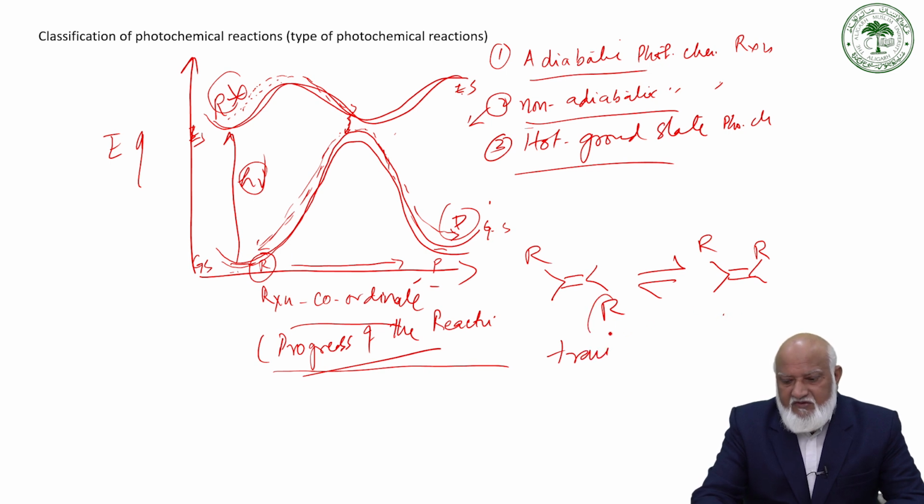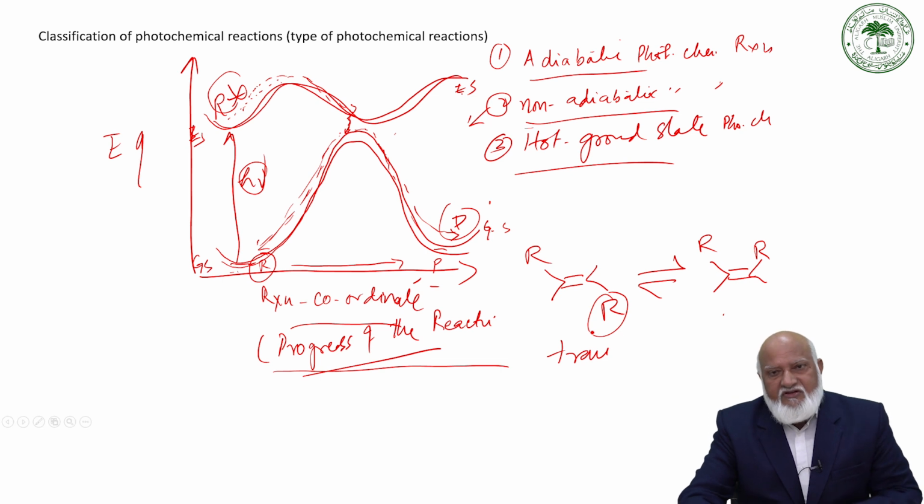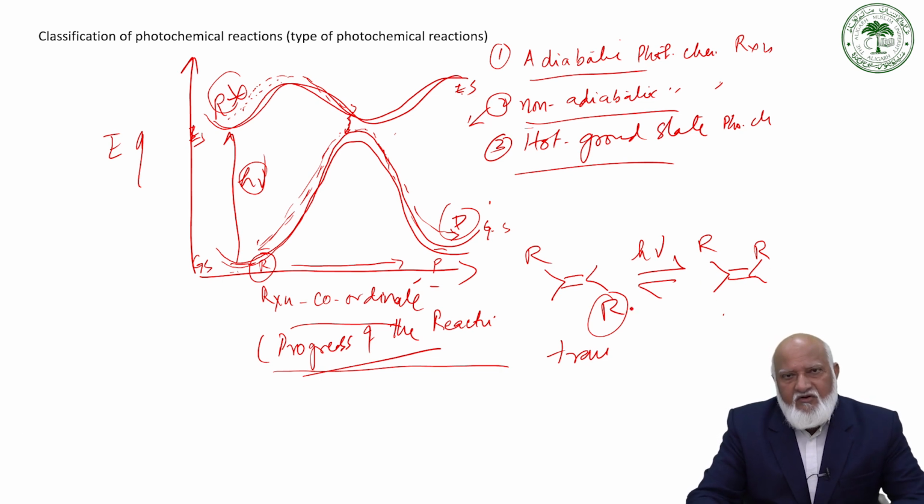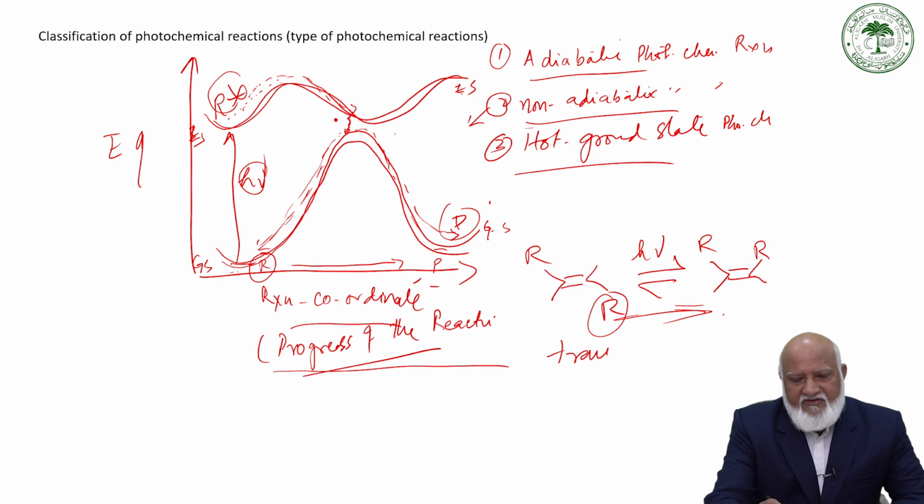We know that trans is more stable than cis, but it is possible to convert the more stable to the less stable through a photochemical method, but the reaction is reversible. And since the reaction is reversible, it is not possible to undergo the reaction through 100% conversion, and that's why it is always in equilibrium. That is the best example of it.